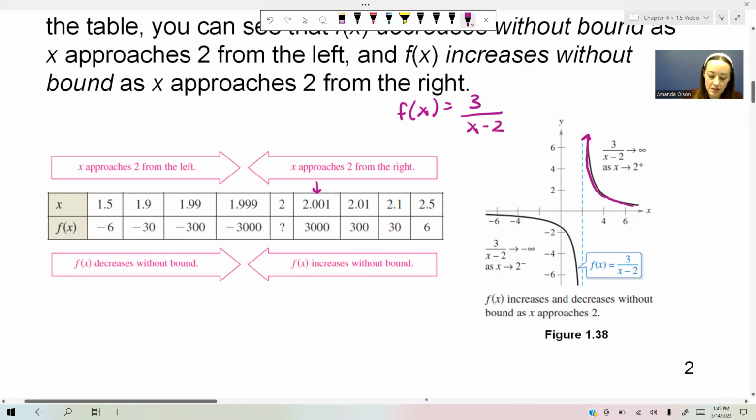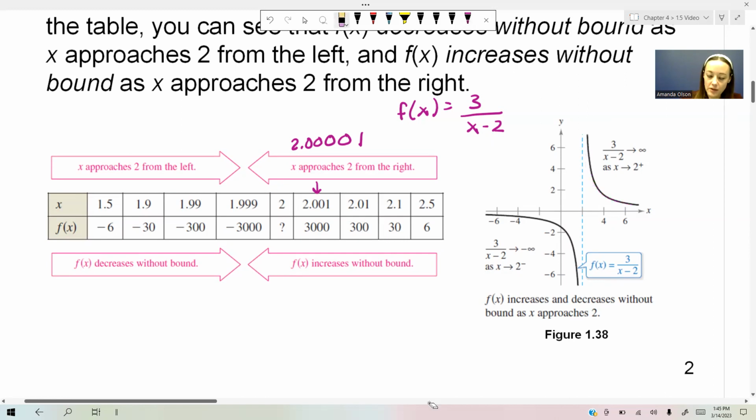In fact, if I did 2.000001 or 2 and 10 thousandths or 2 and 100 thousandths or something like that, you'd see even larger and larger values. So there's not any particular stopping point. It's just going to keep growing and growing and growing, and you can get an output as large as you want. You just have to get closer and closer to that 2. This becomes an infinite limit.